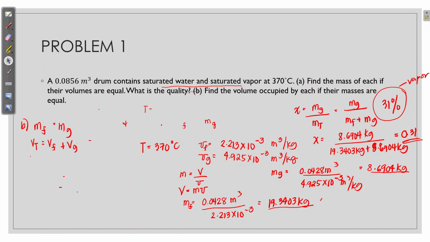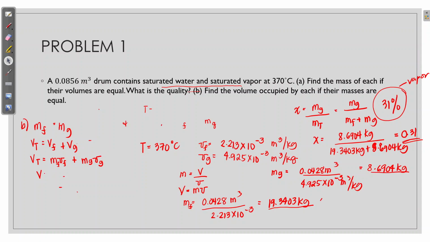So yung total volume ay equivalent sa mass ng fluid, specific volume of fluid, plus mass of gas, tsaka specific volume of gas, di ba?